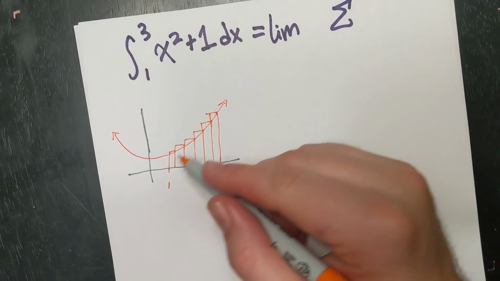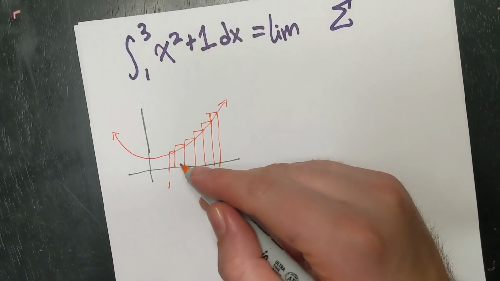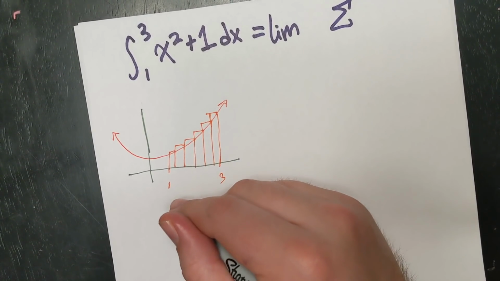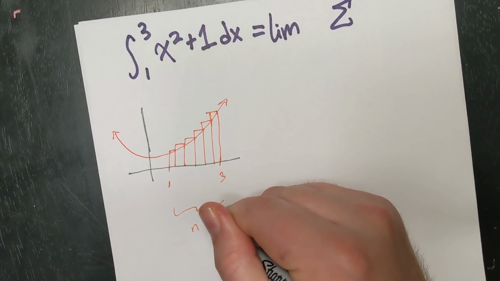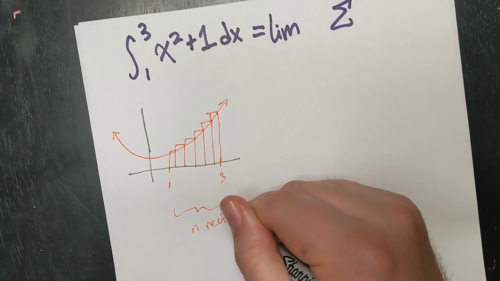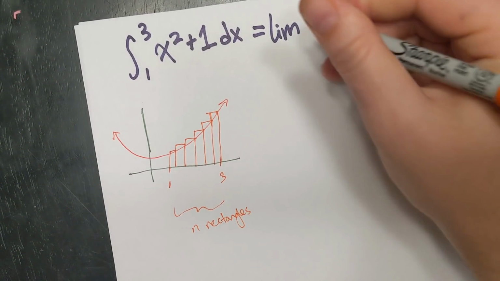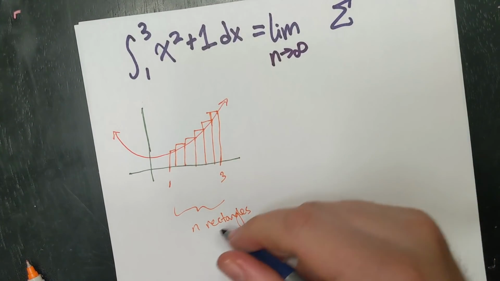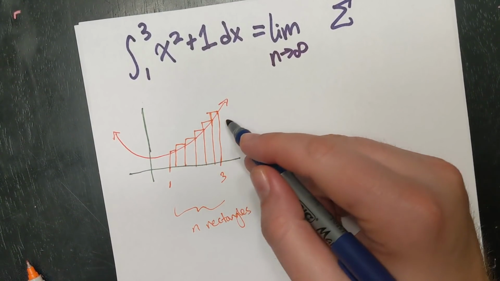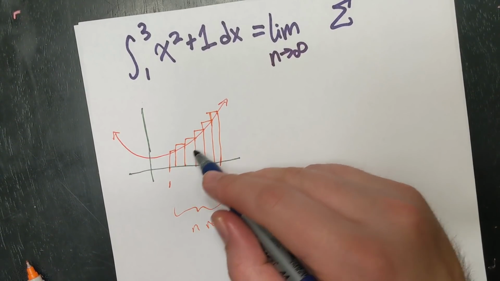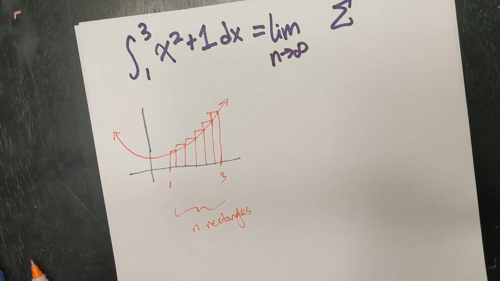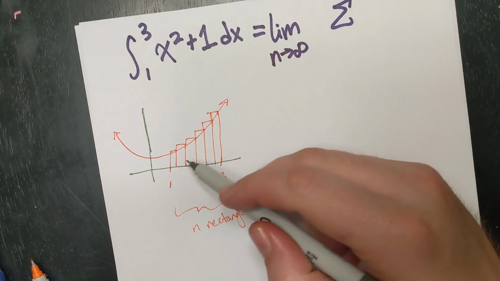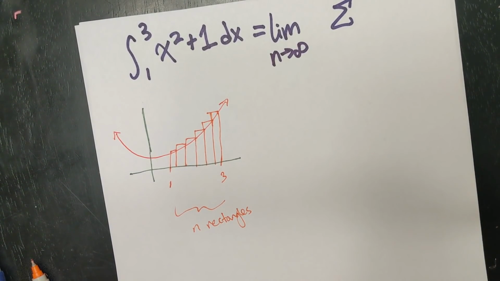Now that doesn't give you the exact area, there's some overlap, but as you make more and more rectangles, so we're going to pick n rectangles, and as n gets bigger and bigger, as you take the limit as n goes off to infinity, this gives you a better and better approximation of the area under it. And so we ask, okay, how do we describe these rectangles?